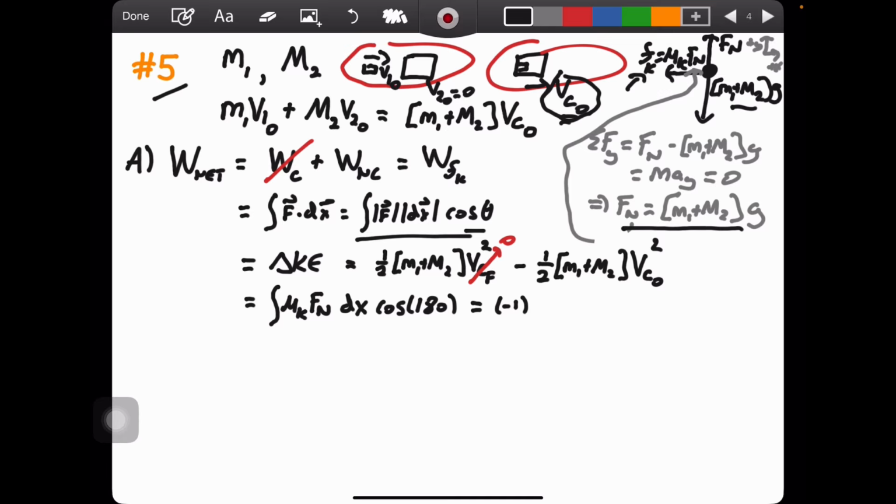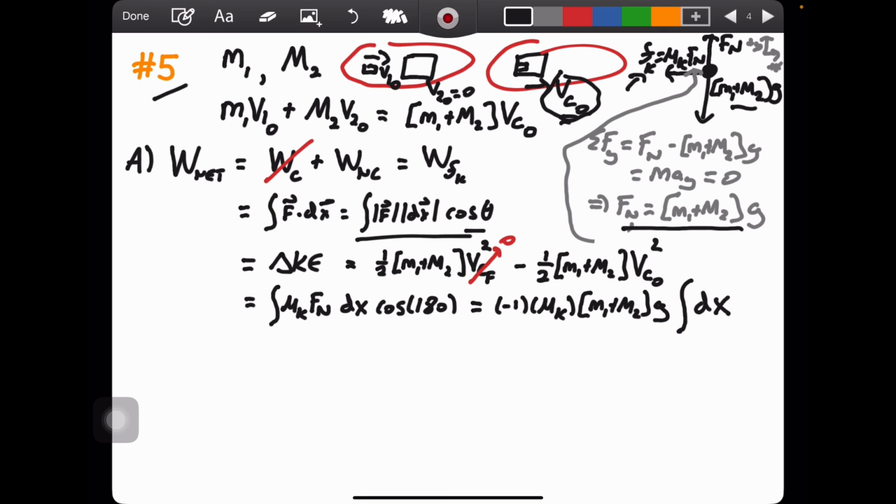I can have mu k, that's a constant that comes out. And remember, the normal force is the combined mass multiplied by g. After I do all of that, now in my integral, I just have a dx.